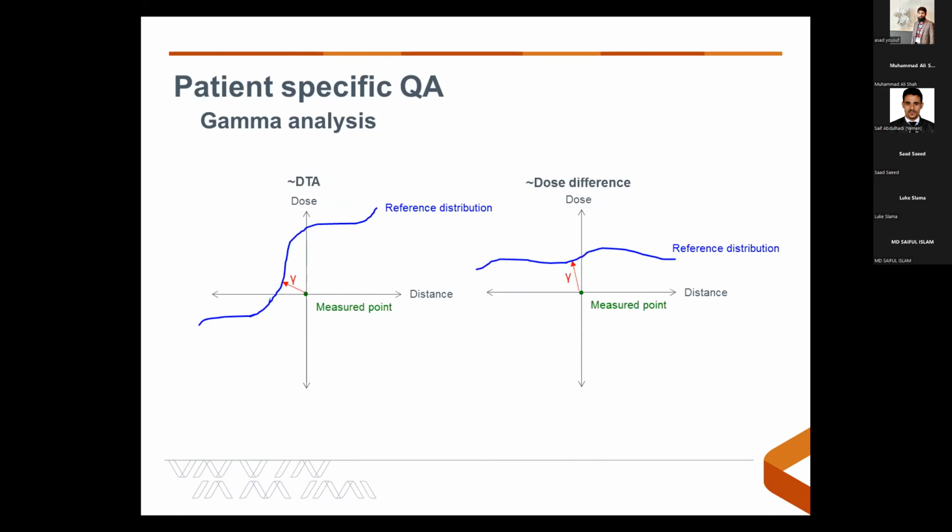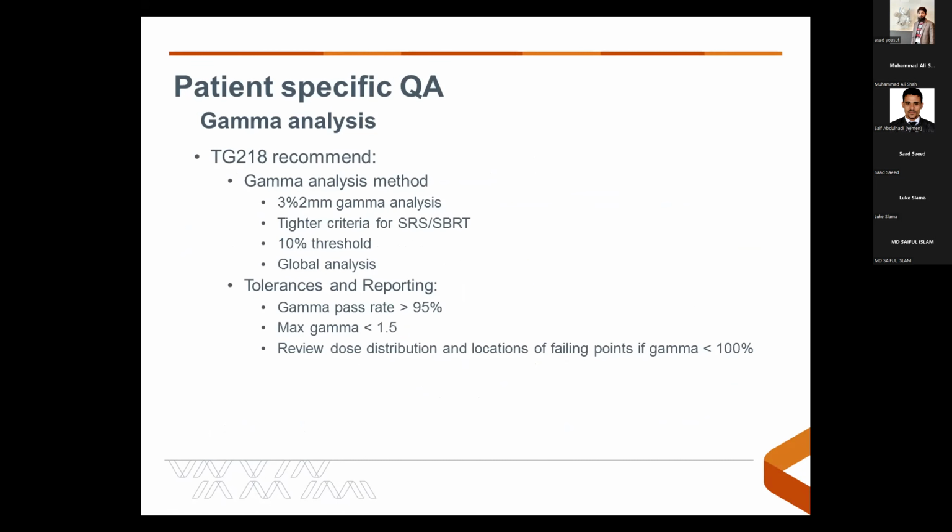The advantage of gamma analysis is that it's good in both high and low dose gradient regions. In a high dose gradient region, your gamma is very similar to your DTA, and in a low dose gradient region, your gamma is very similar to your dose difference. The recommended analysis method is a 3% 2 mm gamma analysis, using tighter criteria for SRS/SBRT, a 10% threshold, and a global analysis.